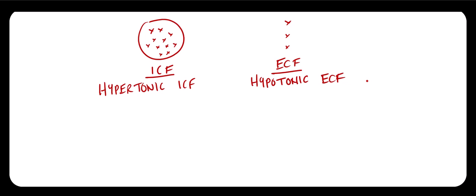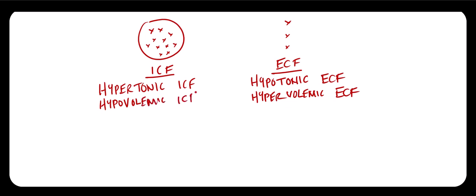I can do the same thing with the water. When I look at the extracellular fluid, I have too much water, hypervolemic, compared to the intracellular fluid. The intracellular fluid, I have too little water. Hypo, not enough water, as compared to the extracellular fluid.